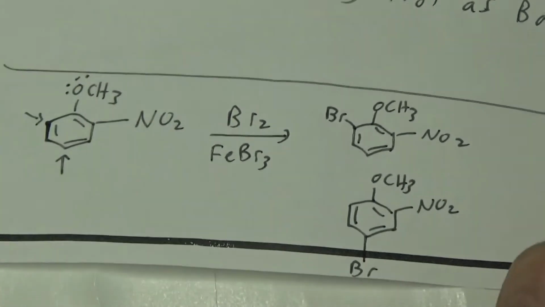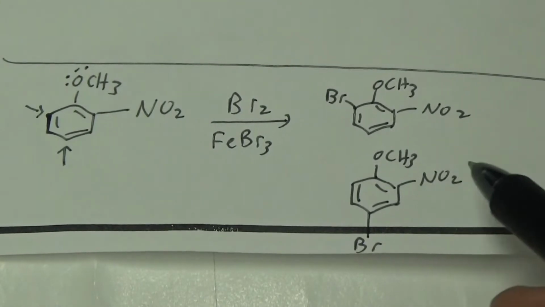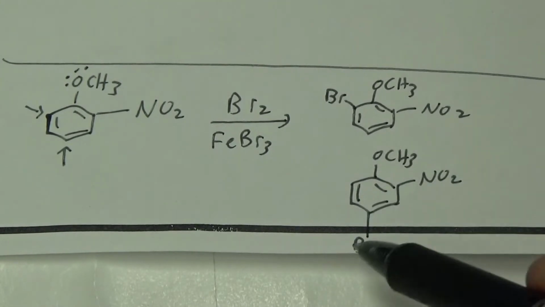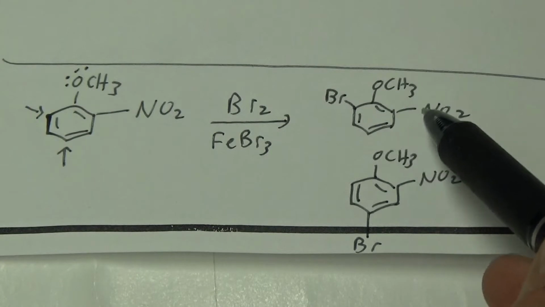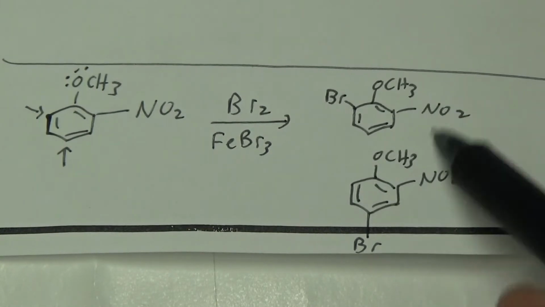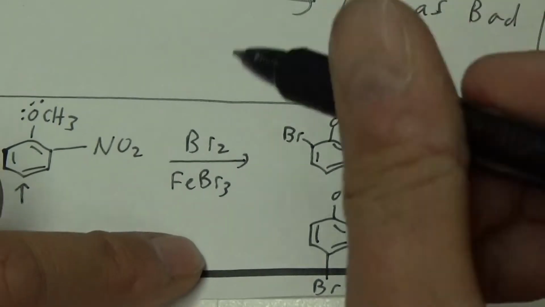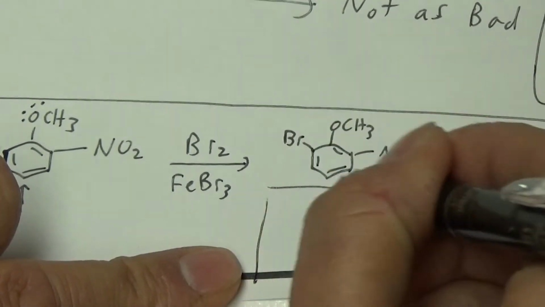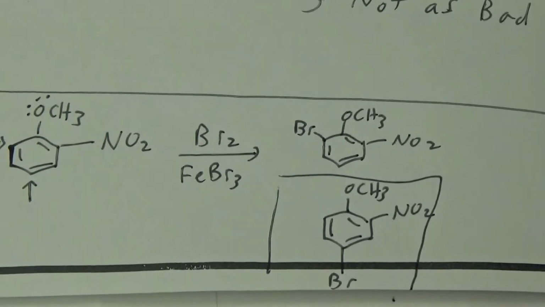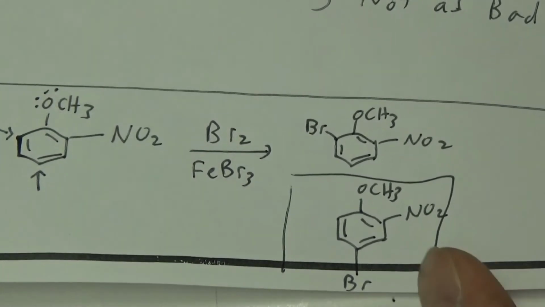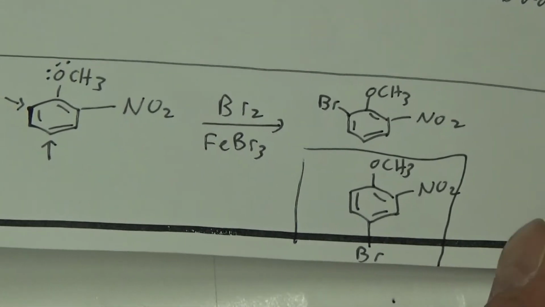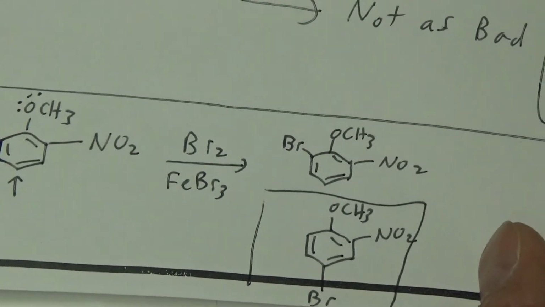And then just thinking about it, which of these might be more favored if you're considering sterics and, you know, congestion? Which one looks less congested, top or bottom? Probably the bottom. So if I was going to make a guess, I'd say probably the bottom one would be the more favored one, just in congestion, and that's actually a pretty good analysis. We'll talk more about this congestion issue in a bit.